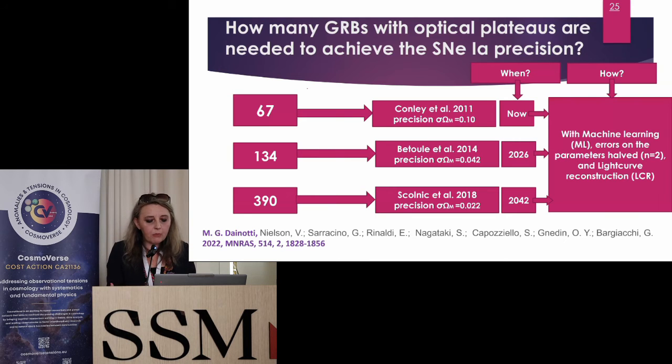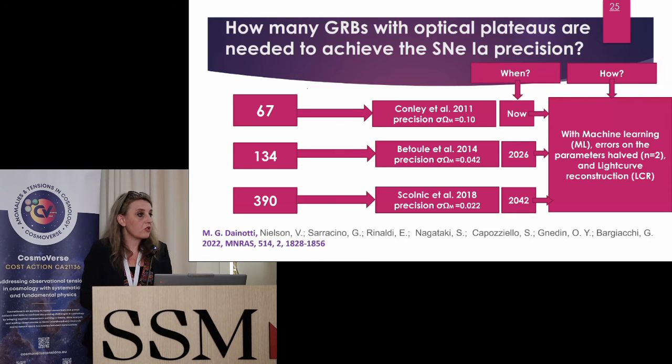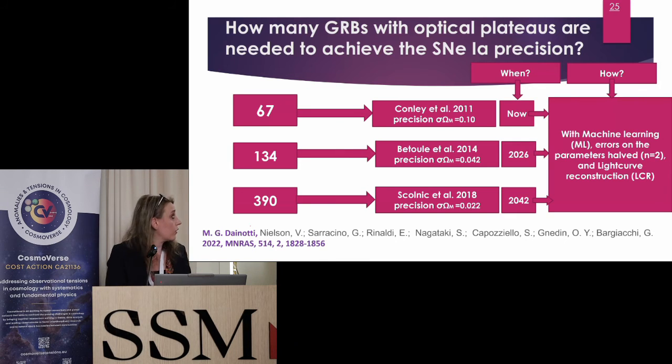If we consider the precision that supernovae got in 2011, this precision was already reached 3 years ago, because that is the year of the publication, so we are already beyond that. But if you would like to reach the same precision as Betoule of 9 years ago, you need to wait another year. And if you want to reach the precision of Pantheon, you will need to wait 15 years.